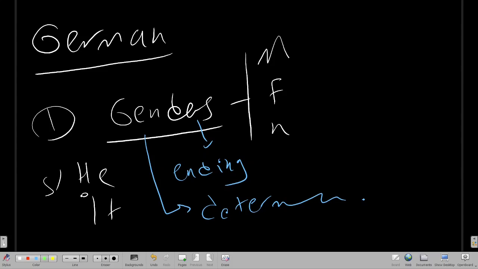Now, masculine nouns. Logically, males will have masculine genders, and females would be feminine genders. That's obvious. But let's write some German nouns that have masculine gender.